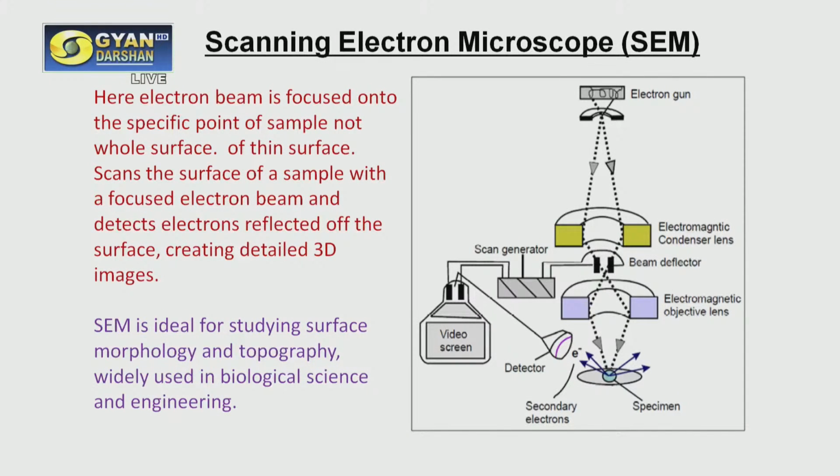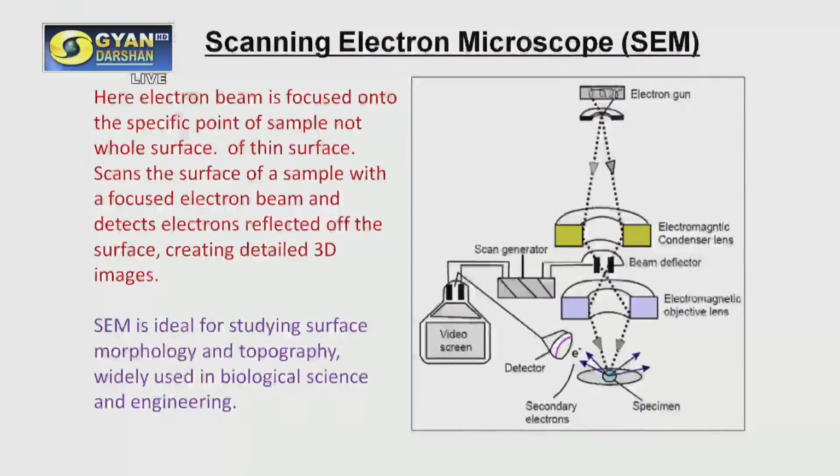So here the electron microscope, especially the scanning electron microscope, is used for scanning the surface of a biological specimen. This kind of image is produced by the detection of secondary electrons coming from the biological specimen. In that case, a low voltage is applied to produce the electron beam, and this electron beam, after passing through the magnetic condenser lens and electromagnetic objective lens, only scans the surface of the biological specimen.